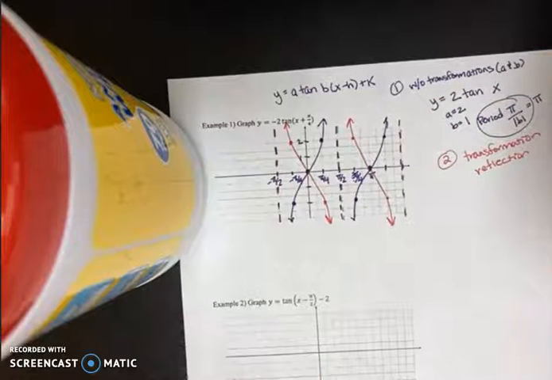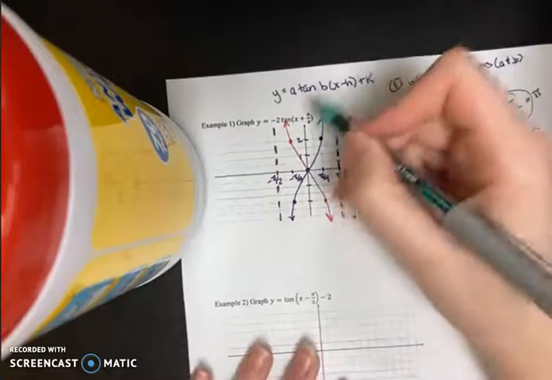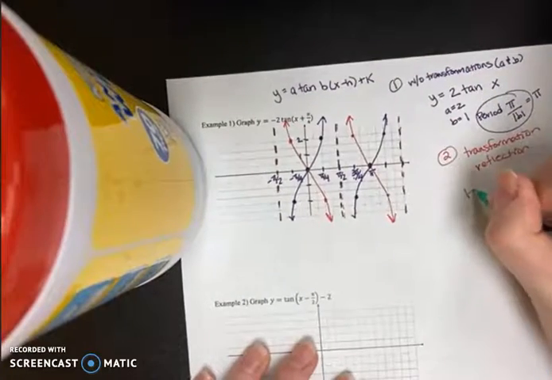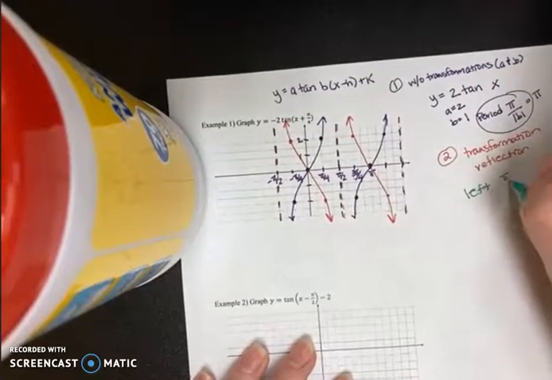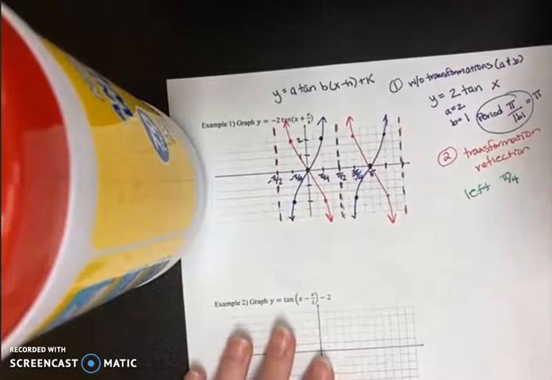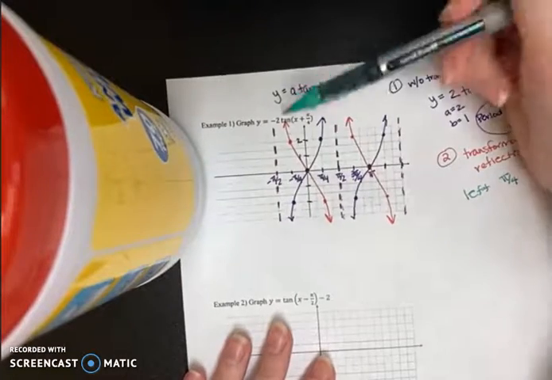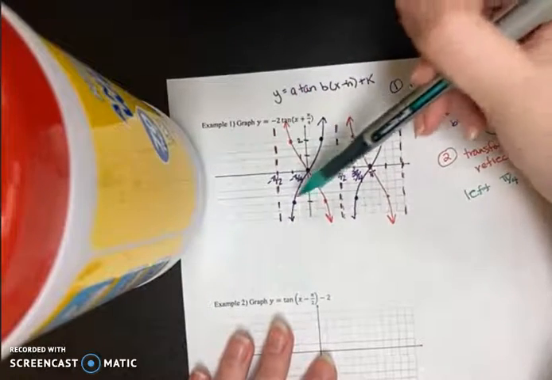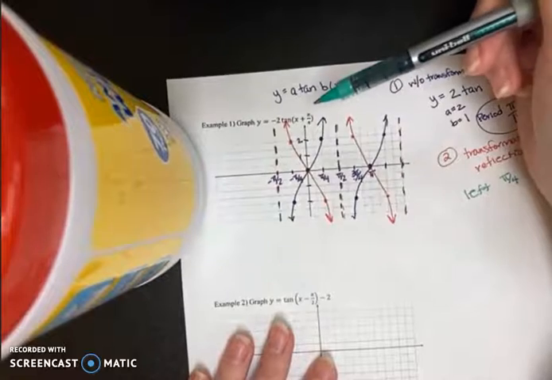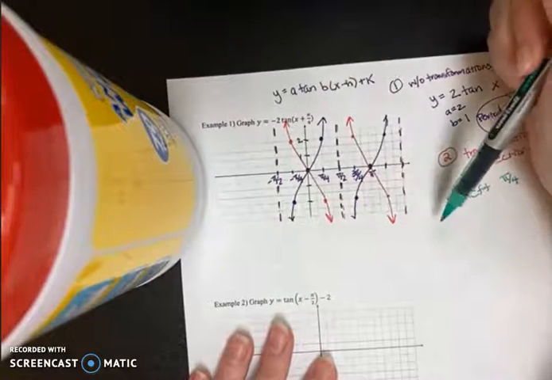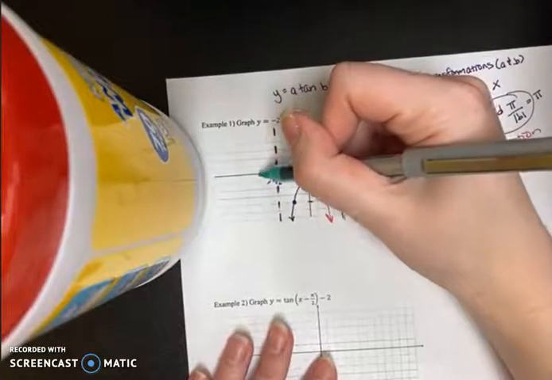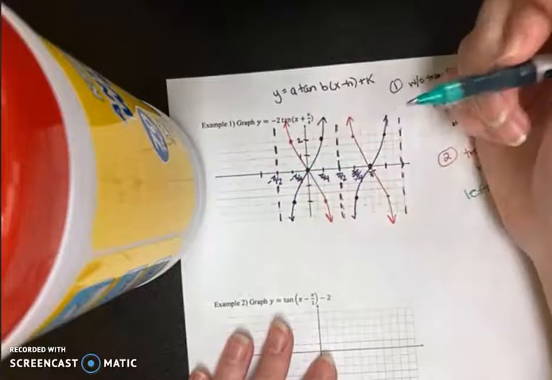Now what we're going to do, and I'm going to do this in green, is I'm going to move it left pi over 4 because I had an h value. So what you're going to do is you're going to take each coordinate and asymptote and move it left pi over 4. So pi over 4 was one tally mark.